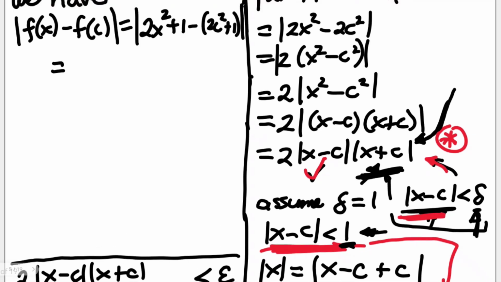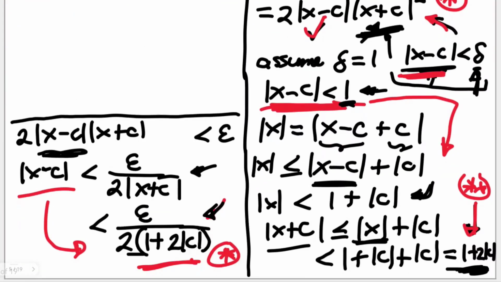They are still equal to twice the absolute value of x minus c and the absolute value of x plus c. Take note, there should be epsilon later, so we can now proceed to any of these scribbles that we have used earlier to come up with the final form of our proof.